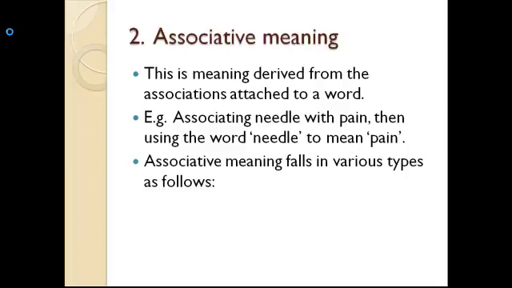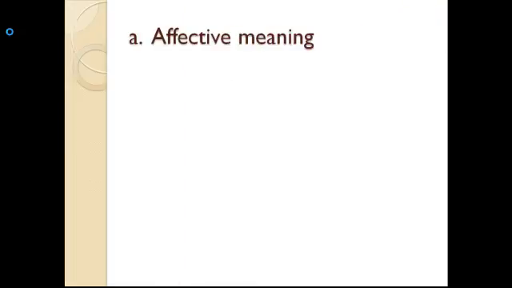Associative meaning is broad, and so it falls into various types, and that's exactly what we're going to be looking at. The first one within associative meaning is what we call affective meaning. What is affective meaning? You can already sense from the beginning of the word affective that it has something to do with affection.